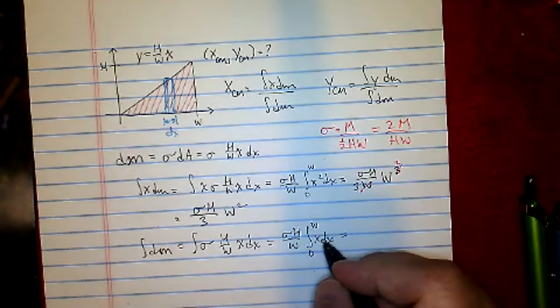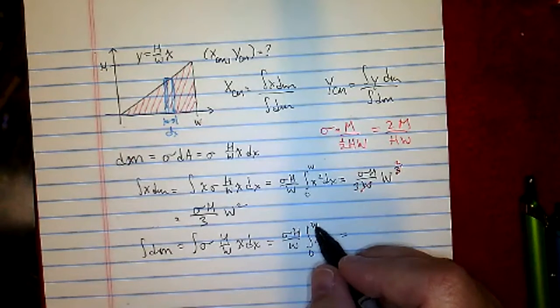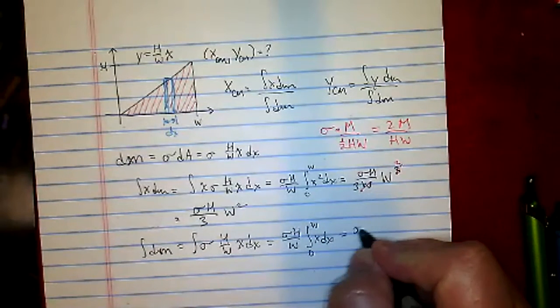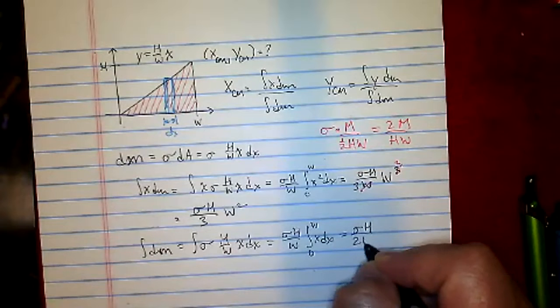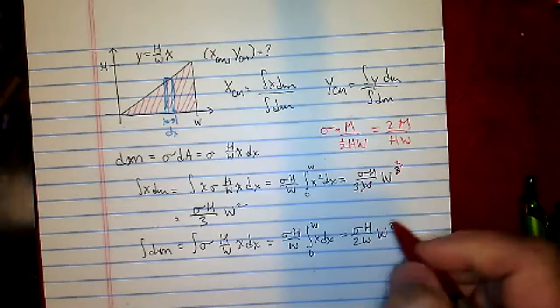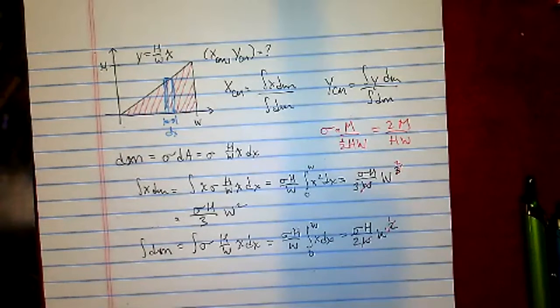Obviously, this is going to become 1/2 x squared, and when I evaluate that at w, it's 1/2 w squared, and it's 0 there. So I'm just going to write sigma h over 2w times w squared. Again, this will leave a 1 there, and that'll cancel that out.